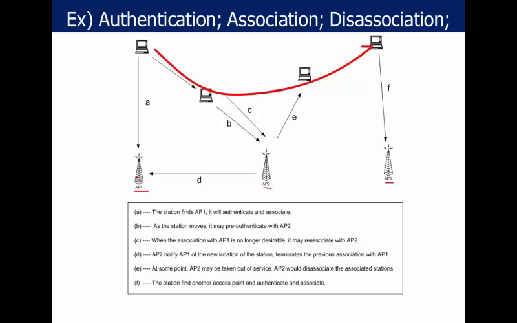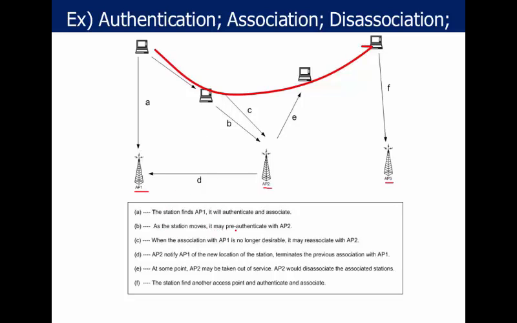Then the station says, oh, I found it, and let's authenticate. If it is okay, then AP1 says, okay, associate. And traverse. B: the station moves.